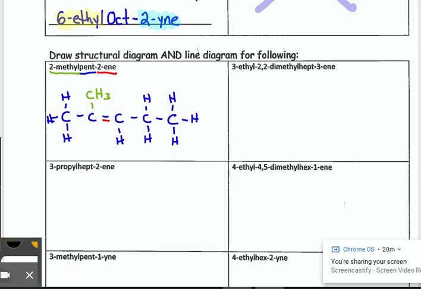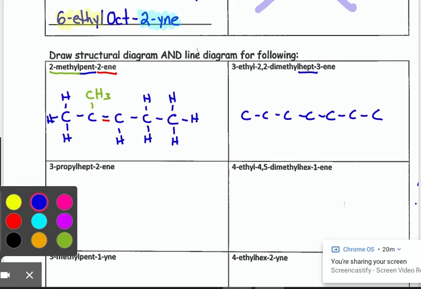All right, so we look at our next example. Our parent chain is hept. So this means that we are going to have 7 carbons. 1, 2, 3, 4, 5, 6, 7. We have a double bond at carbon 3, so right here. And then we have a lot of side chains.